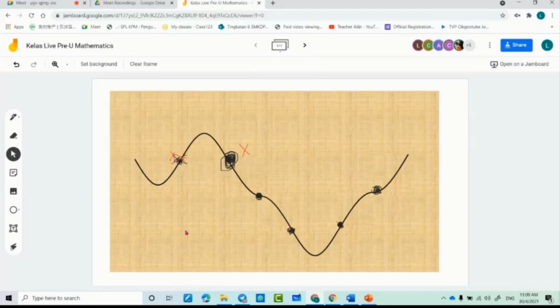Okay. Oh, yes. Any more? Yes. Oh, right. Yes, good. Okay, the other two are stationary. Use a tick. Right. Stationary.